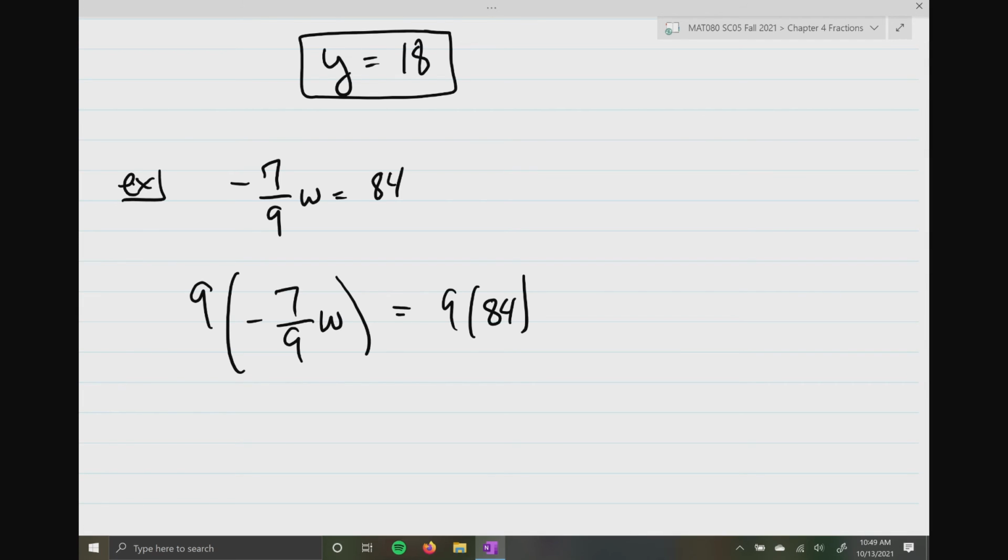We can reduce it. So the 9's, we can scratch them out. That gives me -7w on the left-hand side. And then on the right-hand side, I already did the math. 9 times 84 is 756.